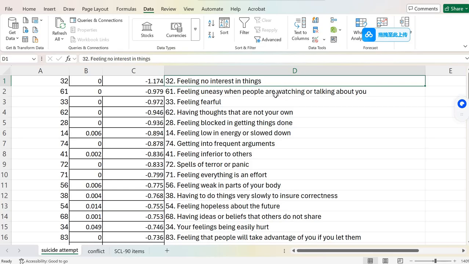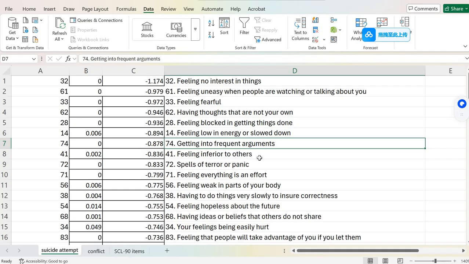I have no interest, I don't want to do anything. I feel uneasy when people are watching you, talking about you, and feel fearful, having thoughts not my own, being blocked in getting things done, getting frustrated, low energy, slow movement. This one's unique. It's hostility directed to other people, interpersonal hostility.